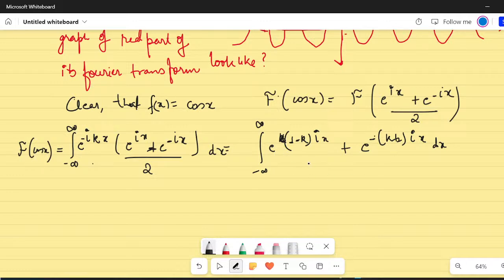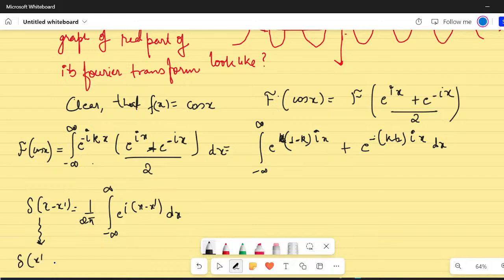And I have already told you that the Dirac delta function can be written in integral form, like this: e to the power iota (x minus x dash) dx dash. Also remember that this Dirac delta function is a symmetric function. So whether you write x dash minus x or x minus x dash, they're one and the same thing.